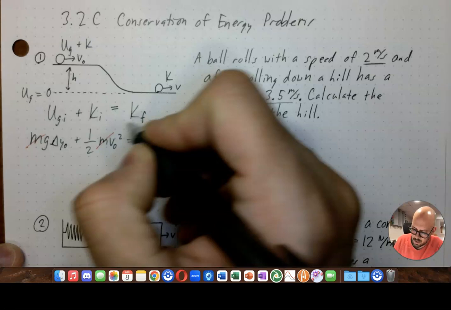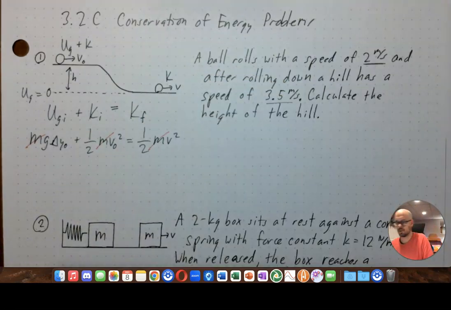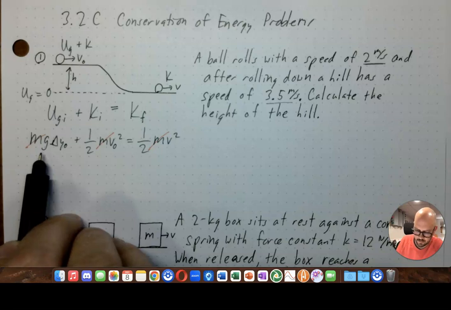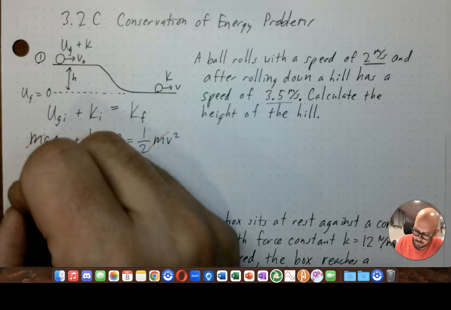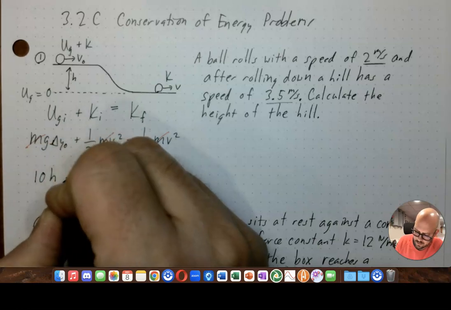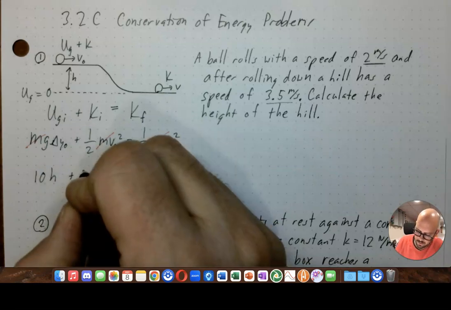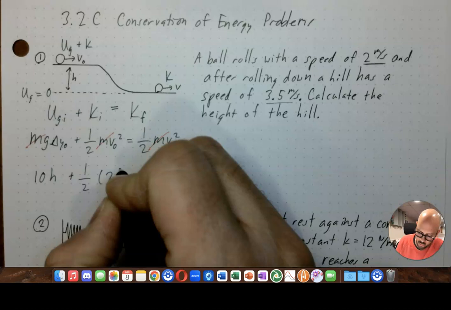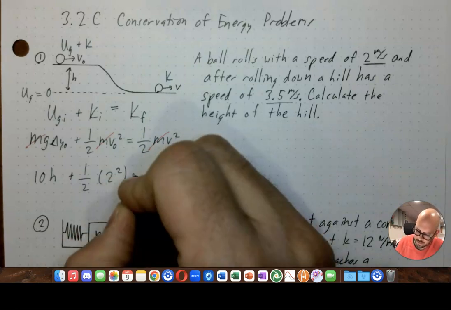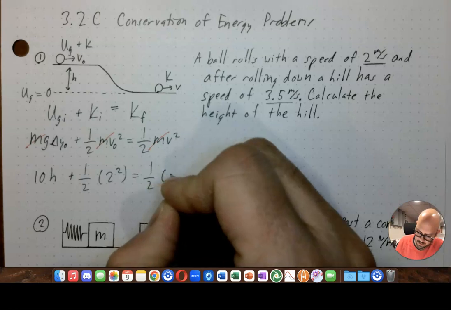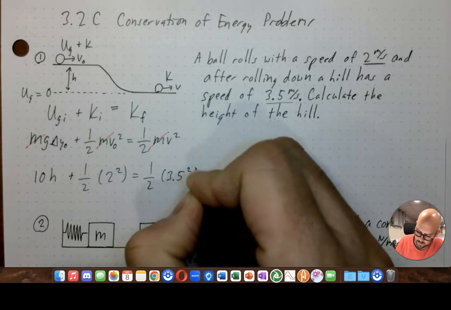Now, this has come up a lot in the forces unit. You have to make sure that there's a mass in every single term before you can divide it out. If there's not, then you end up having to have a mass in the denominator somewhere. All right, I'm going to use 10 for g just to simplify things. Now that I've canceled mass, I put in my values. So 10 times h, which is the height of the platform, plus 1/2 times 2 squared, that's the initial speed, equals 1/2 times 3.5 squared.